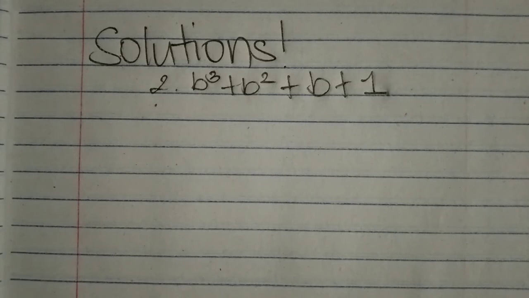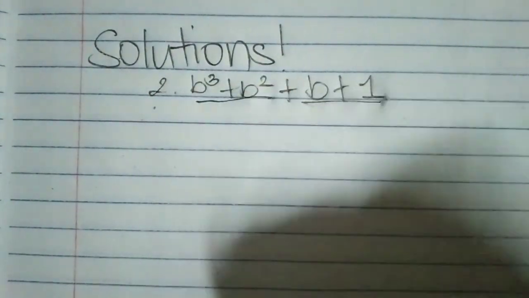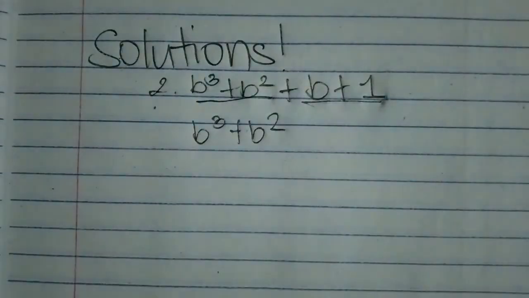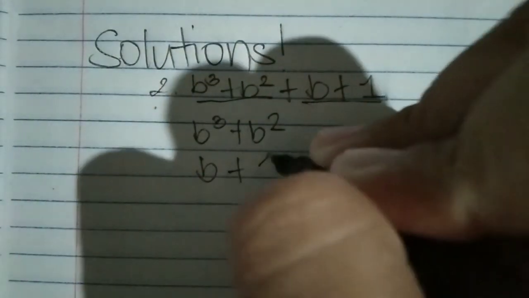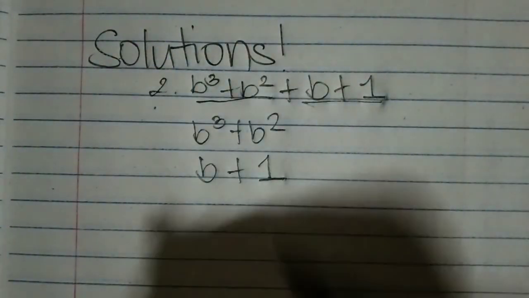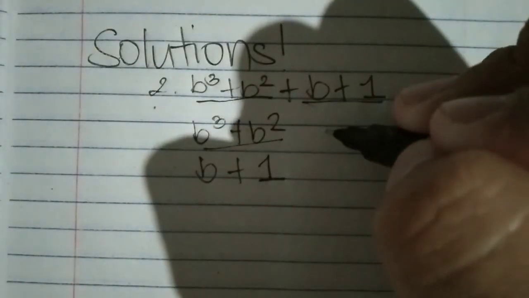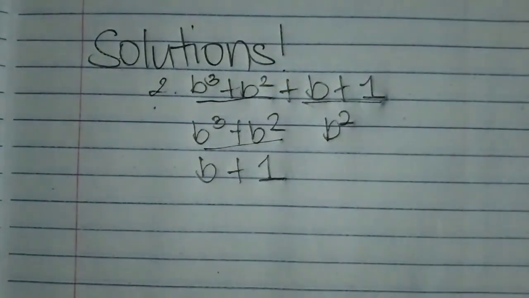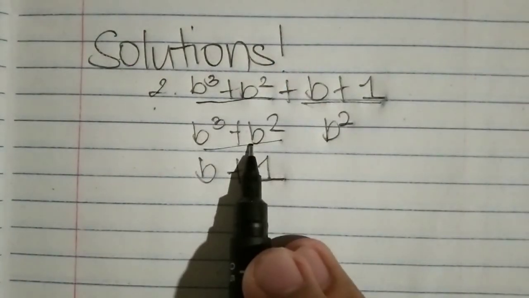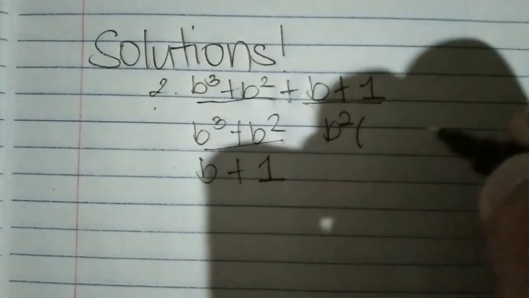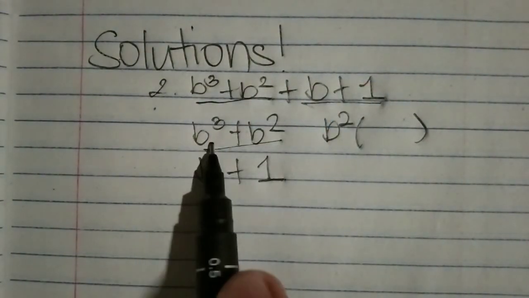Now for the second problem, we do the factoring by grouping them into 2 groups again. We have b cubed plus b squared, then b plus 1. For the first group of terms, we can see that the GCMF is b squared. Then, we factor it out by dividing each of the terms by b squared.